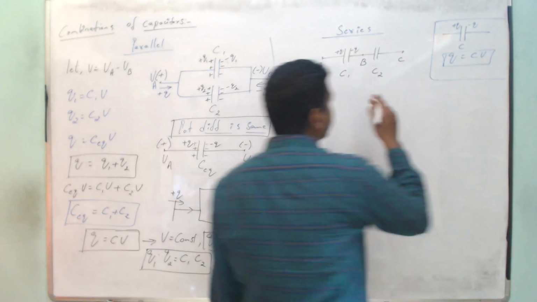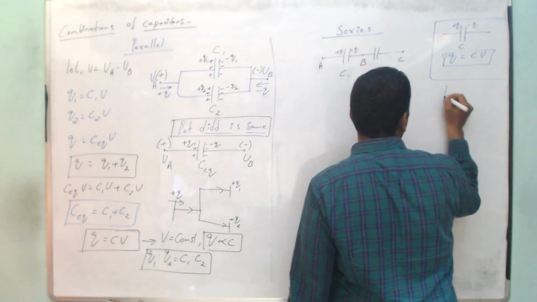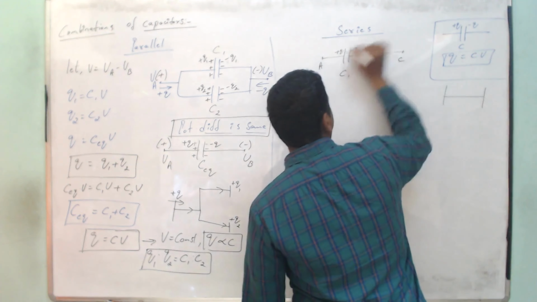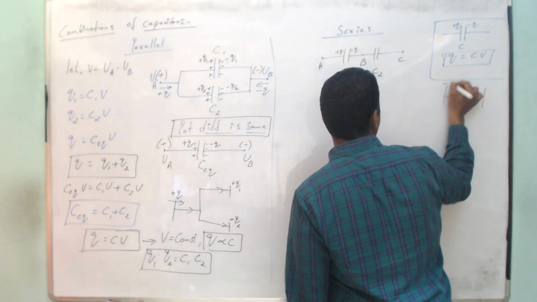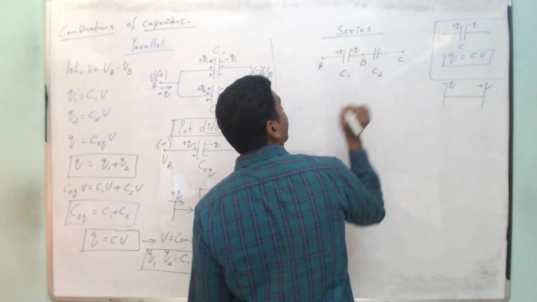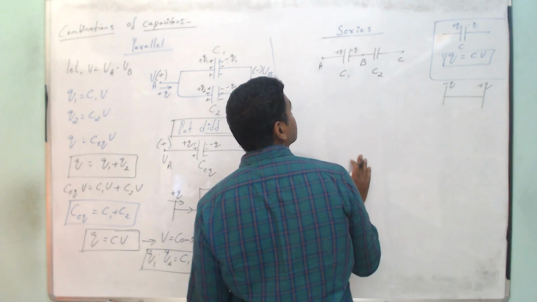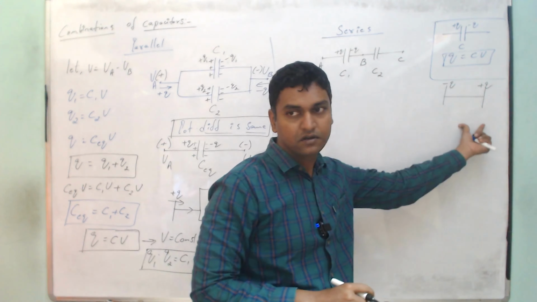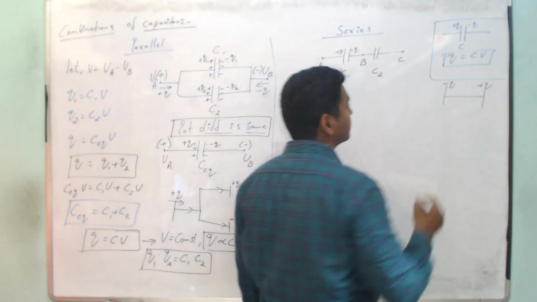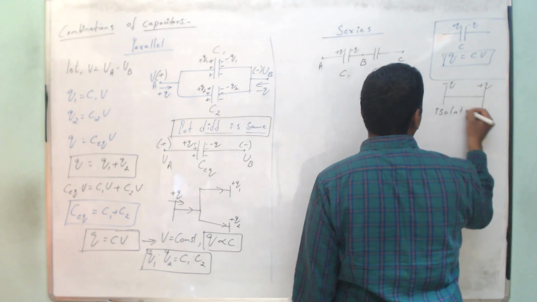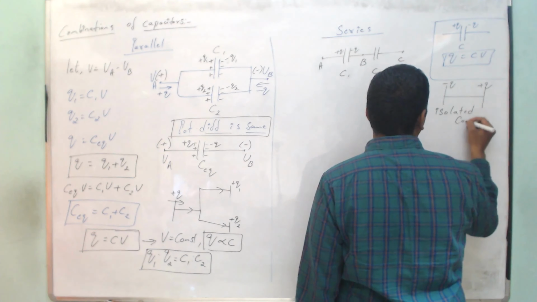Now, if you look at the middle part, this is an isolated conductor. Here it is minus Q, that means here it should be plus Q. I am drawing this middle part over here. What are we focusing on? It's an isolated conductor, correct? Yes, sir.